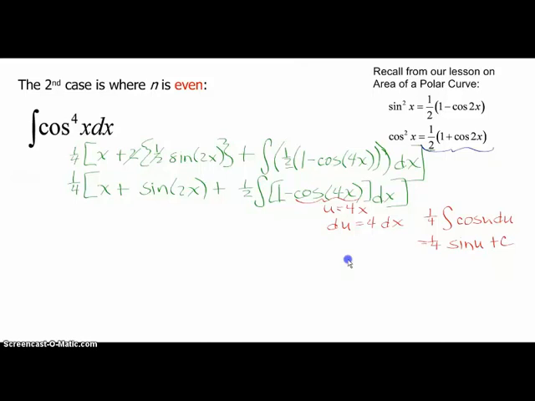So now I'm going to go back and copy down again 1/4 x plus the sine of 2x plus, here's my 1/2. And the antiderivative of 1 with respect to x is x.